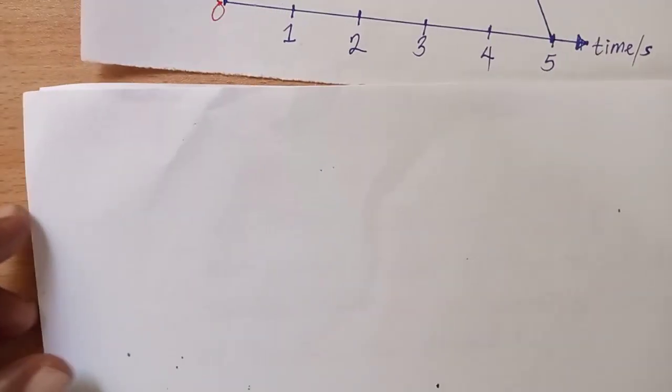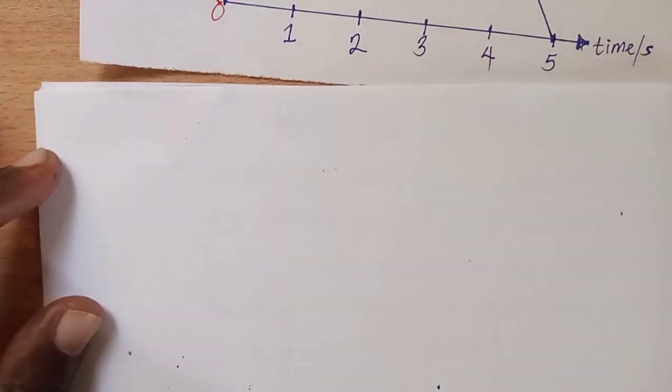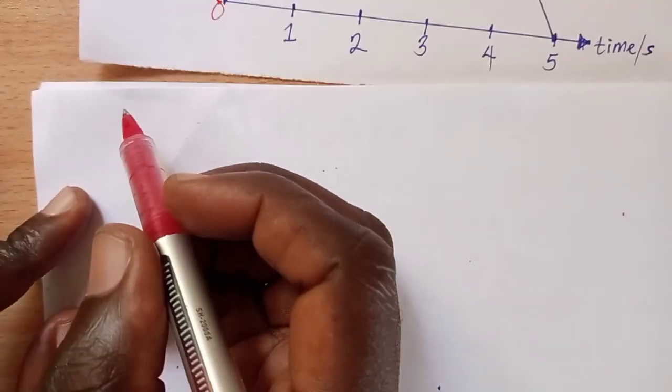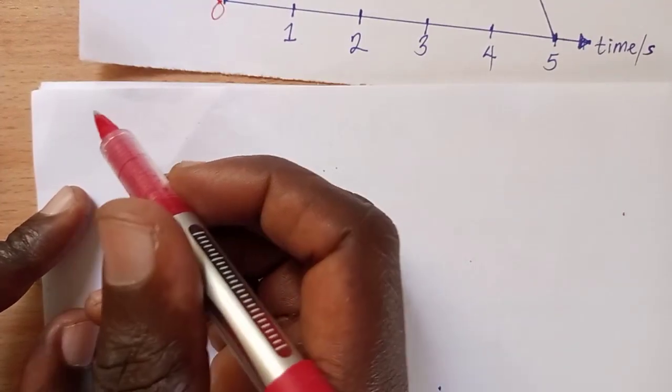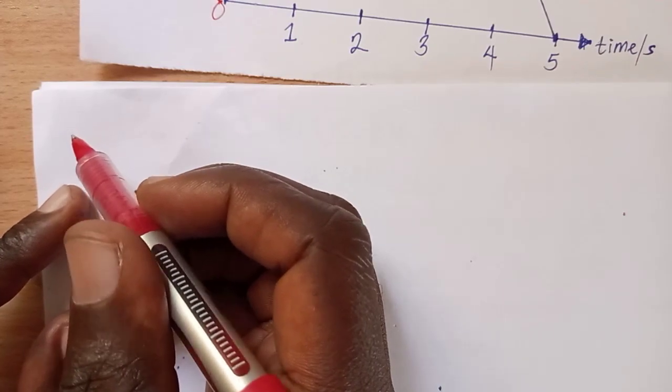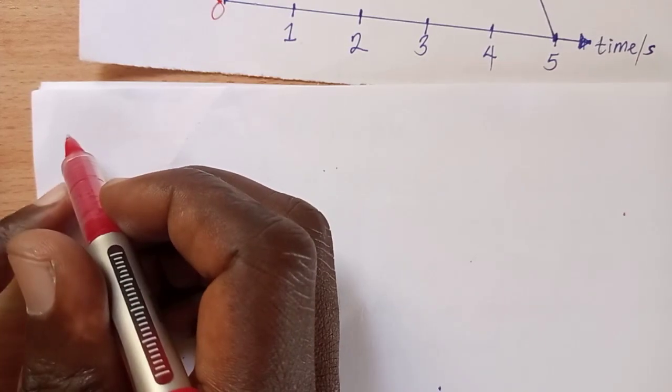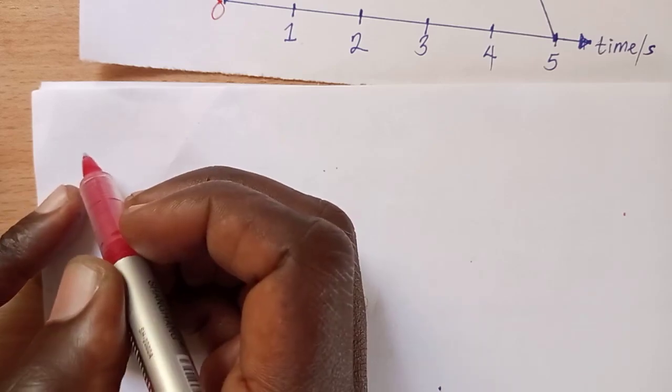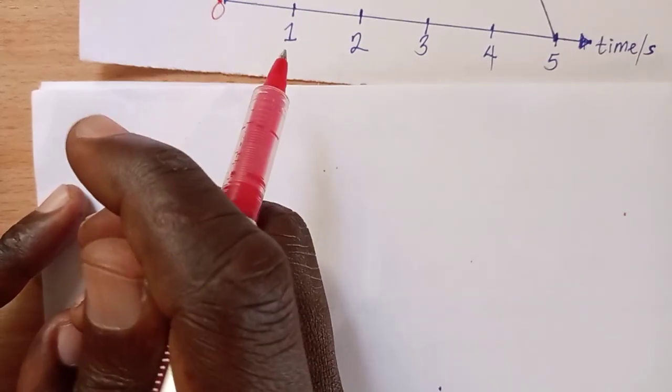Now, to solve this problem, we apply this principle. Change in momentum is equal to the impulse. But since here they use gain instead of change, we will also change the word from change to gain.